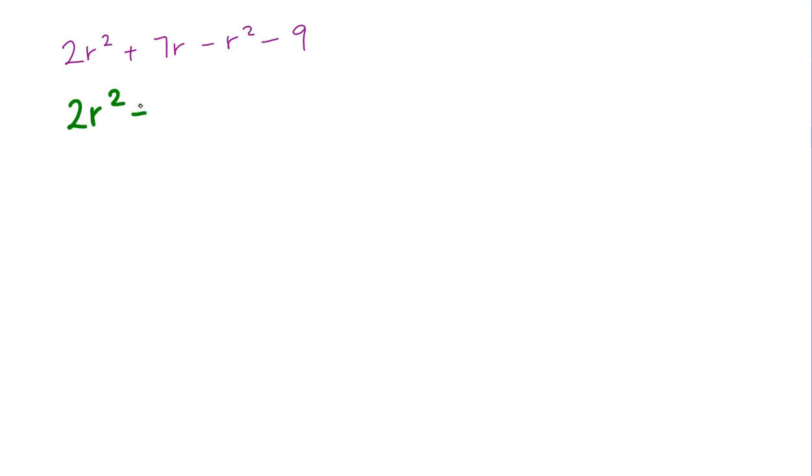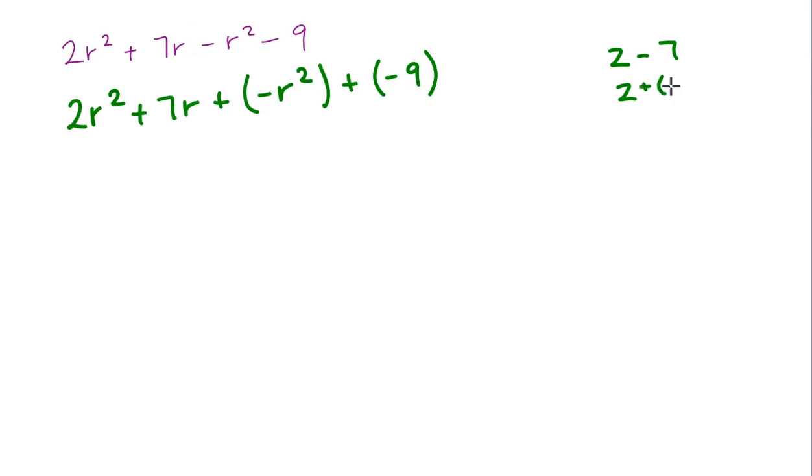So we're going to write 2r squared plus 7r plus negative r squared plus negative 9. Now remember, this works because when we subtract, it's the same as adding the opposite. So if we had 2 minus 7, that's the same as saying 2 plus negative 7. So that's why this works here.